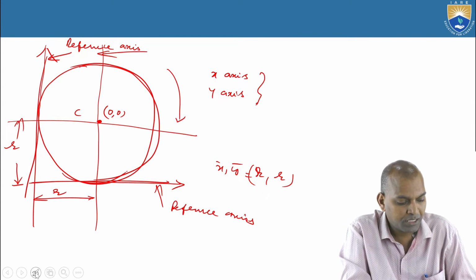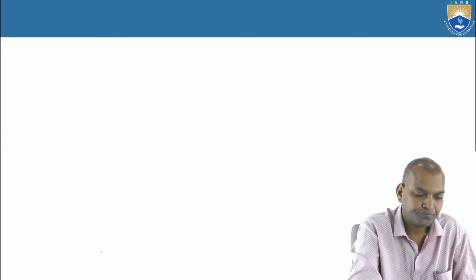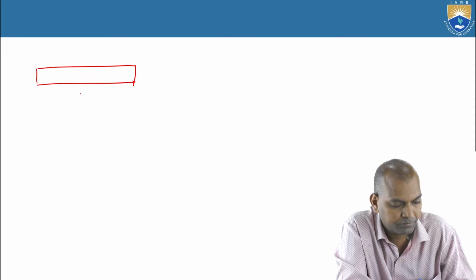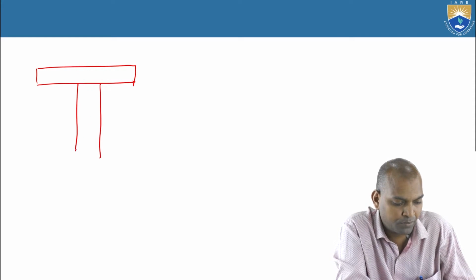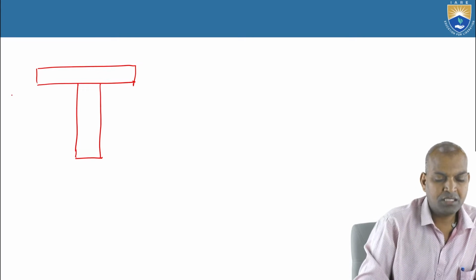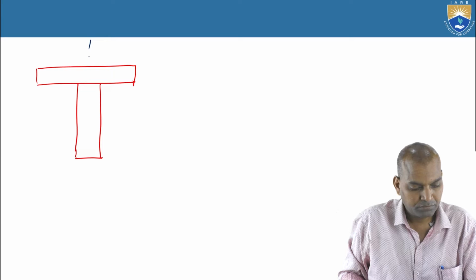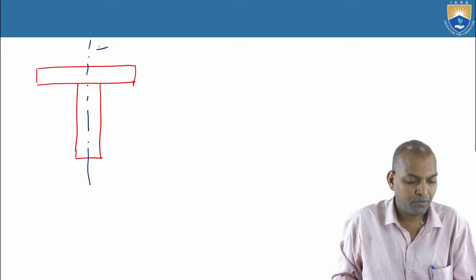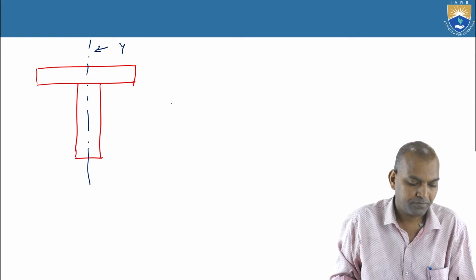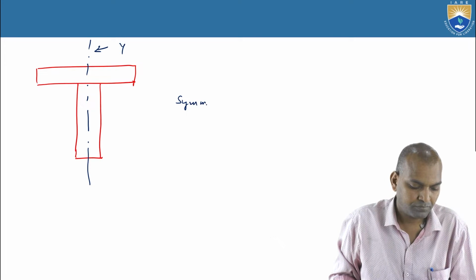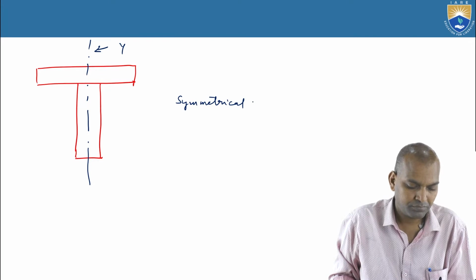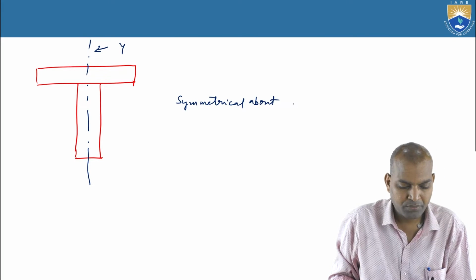Now next, what are unsymmetrical figures, non-symmetry? If we consider the T section, it is symmetrical about the y axis.